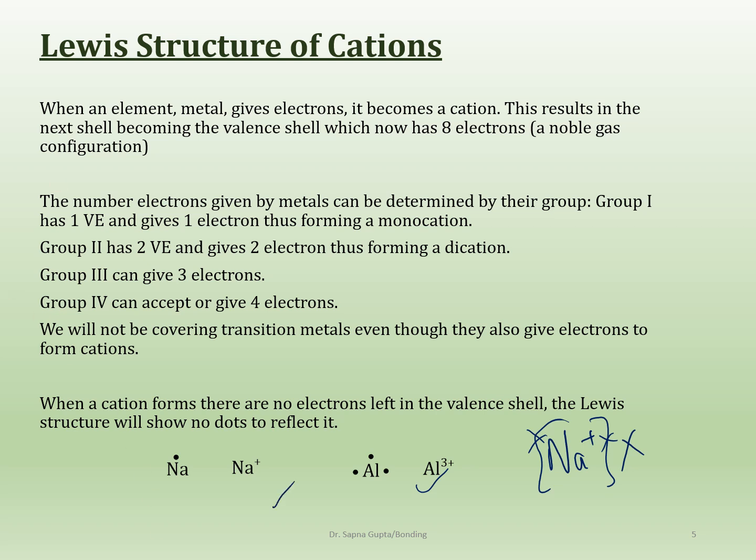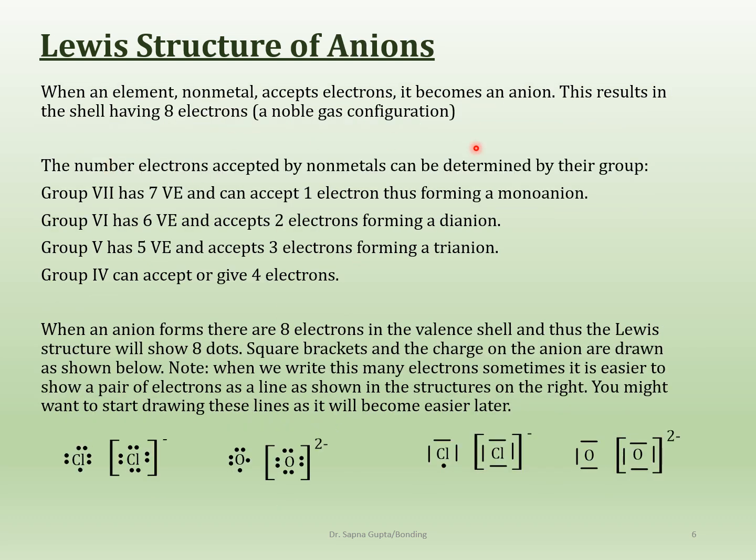Lewis structure for the anions, on the other hand, is where the elements have accepted electrons. Once you accept electrons, now you have more electrons. Again, remember, I've written it here also for you. Group number 7 will accept 1 electron, 6 will accept 2, and then 5 will accept 3 electrons.